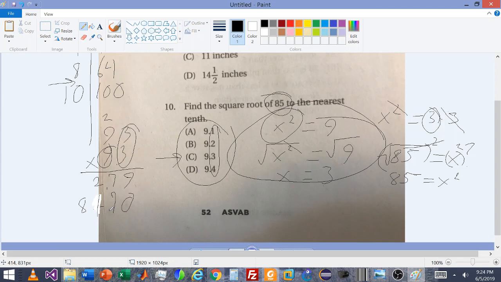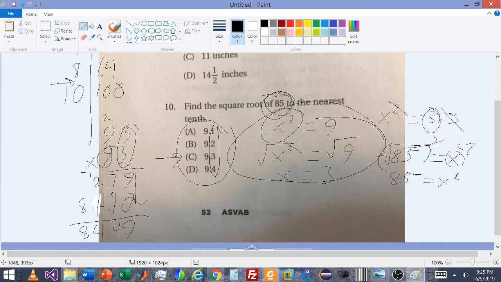So then drop this down. So what do we get? I should start from the right, because there is a value that's going to carry up. So 9, 4, carry the 1. So 2, 3, 4, 84.49. So that's really close to 85.